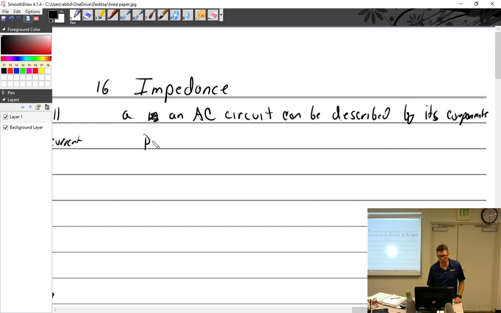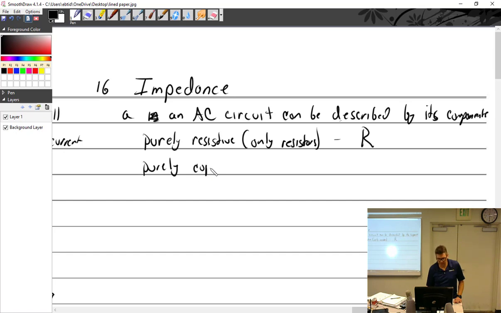So if it's purely resistive, which means only resistors, then we would call it an R circuit. It has an R.